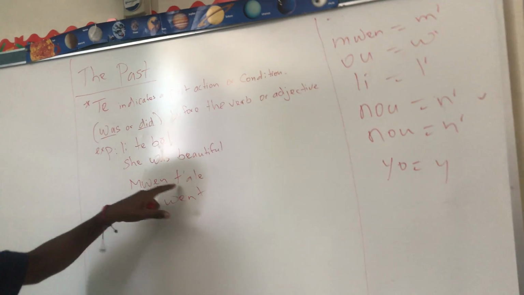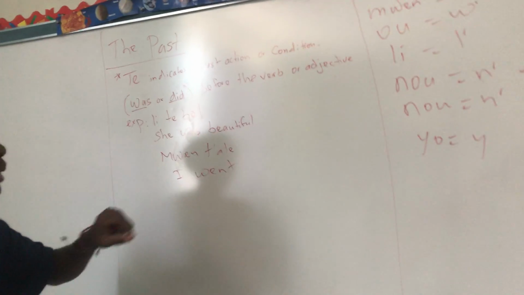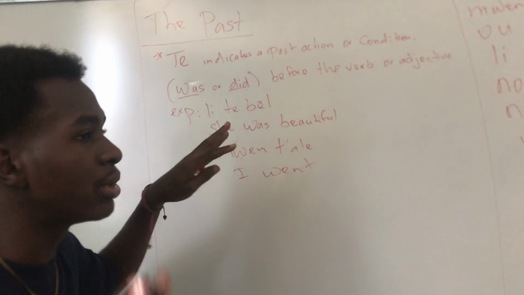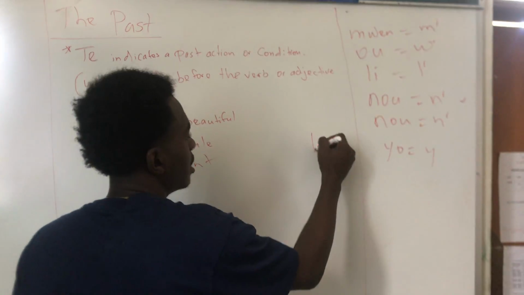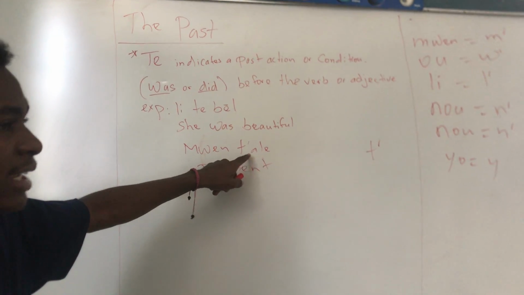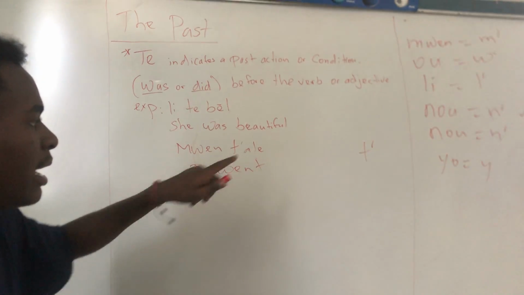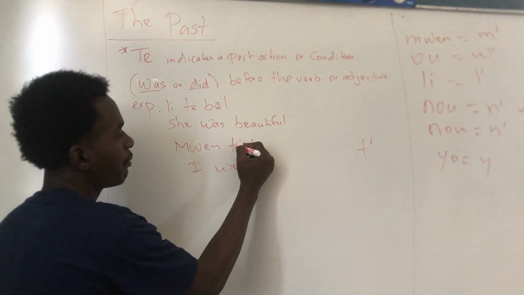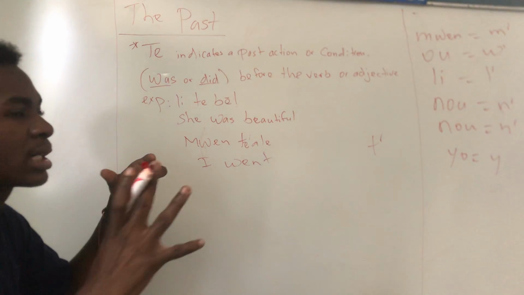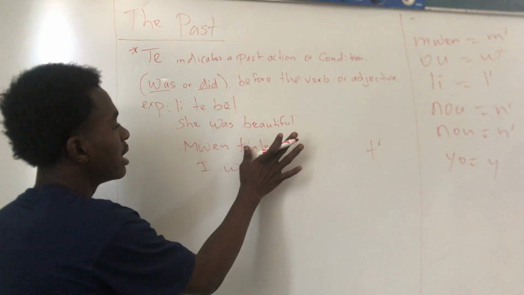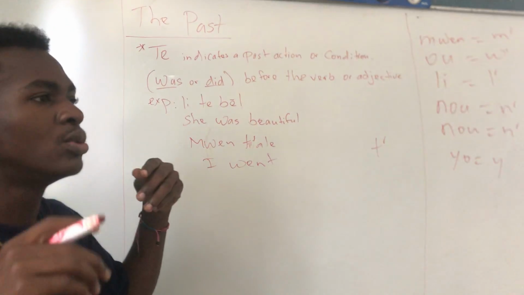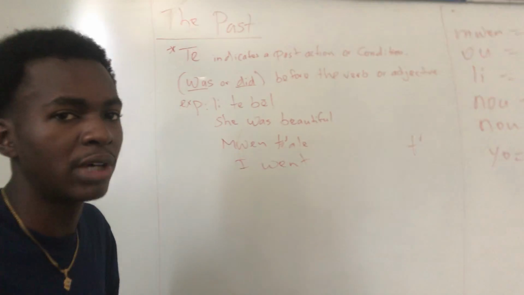Here, it's not the pronouns that are contracted, but the te. Te is contracted to t, because this verb is "to go," ale. If we had te ale like this, two vowels would connect, and we're trying to stop the connection of two vowels.